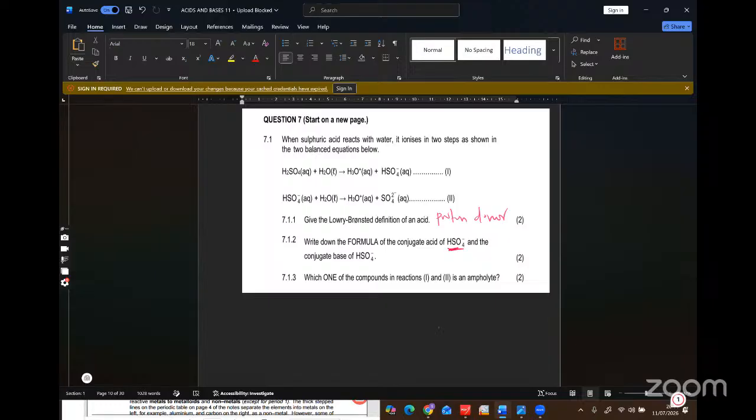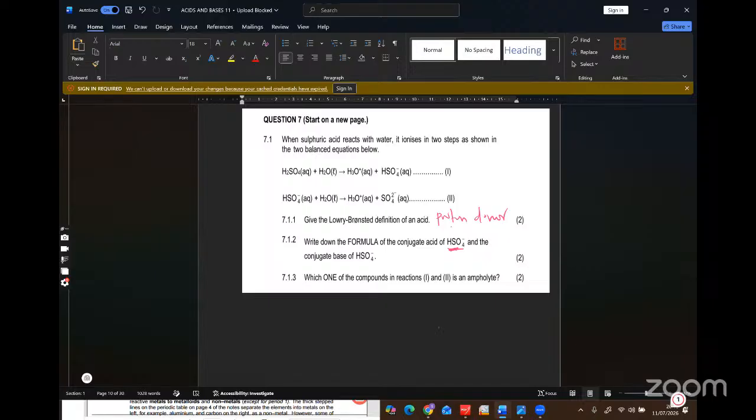Remember, I said this is an example of an ampholyte. An ampholyte can act as both an acid and a base. The most obvious way of identifying ampholytes is that the substance must have at least one hydrogen and then a negative charge. So if they say write down the formula of the conjugate acid, it means this is a base.